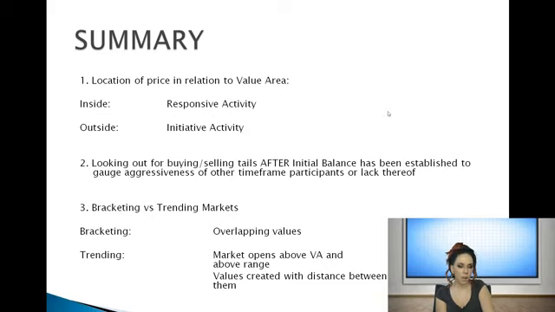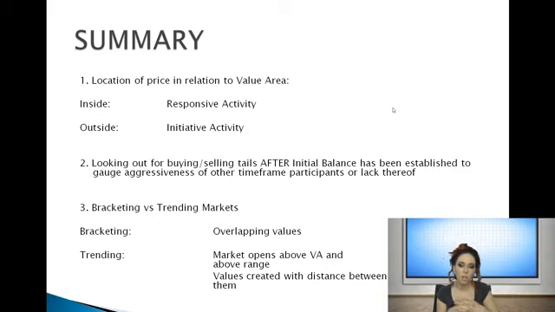One thing to note about the buying and selling tails, please don't go looking for them during initial balance. Initial balance has no tails. Initial balance is initial balance. So after the initial balance is established, not during, there's a lot of noise in the first hour of trading, but once you have that initial balance range, you can look for buying or selling tails should the price extend in the opposite direction to what you're expecting.